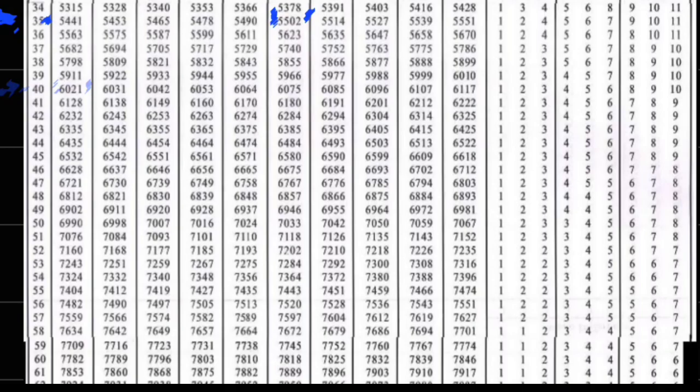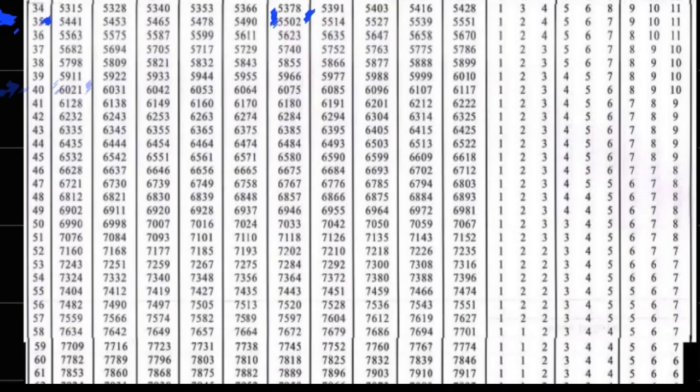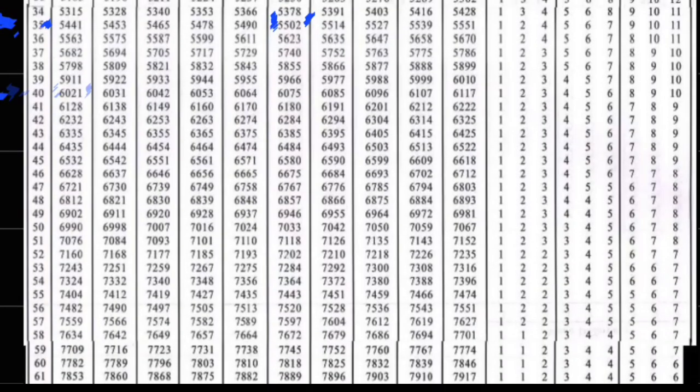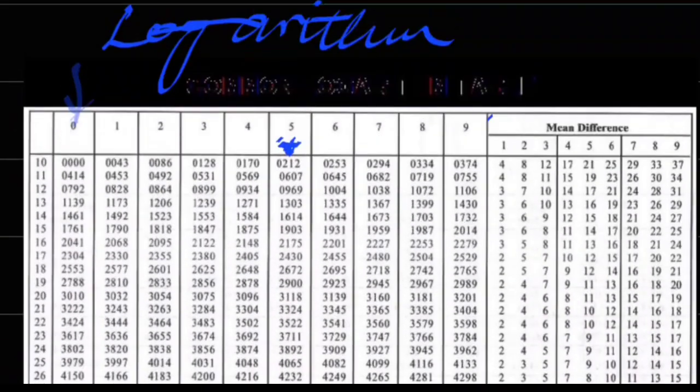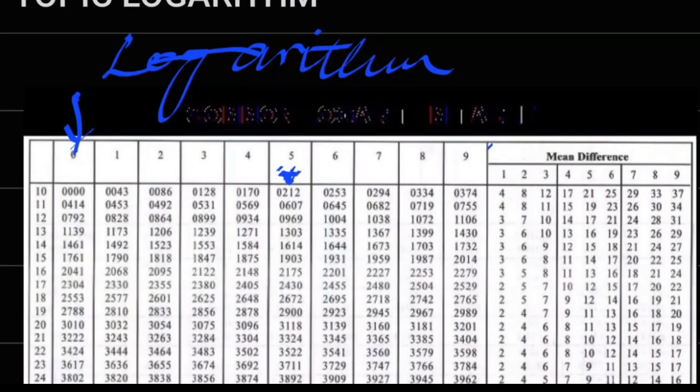Let's scroll to the logarithm table. This is 40. 40 under 0 will give us 6021.